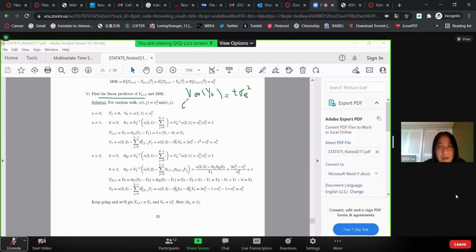And the covariance between Y t and Y s depends on t and s. It's non-stationary, right? We need the smaller of t and s, times sigma e squared. So this is the kappa function right here: sigma e squared times the minimum between i and j.